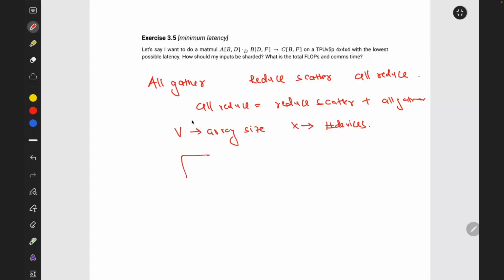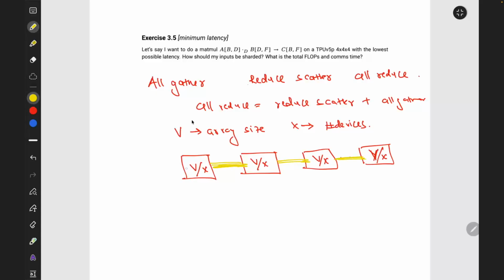Then you have something like this, where each device has a V by X array, and you will be transferring data between them in a bidirectional fashion, and because of the wraparound link it is connected.